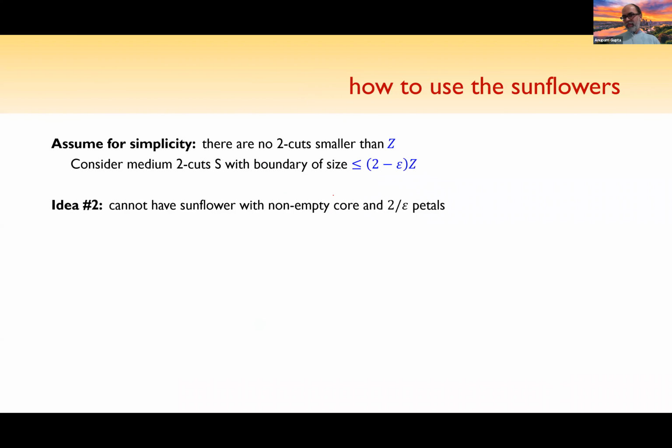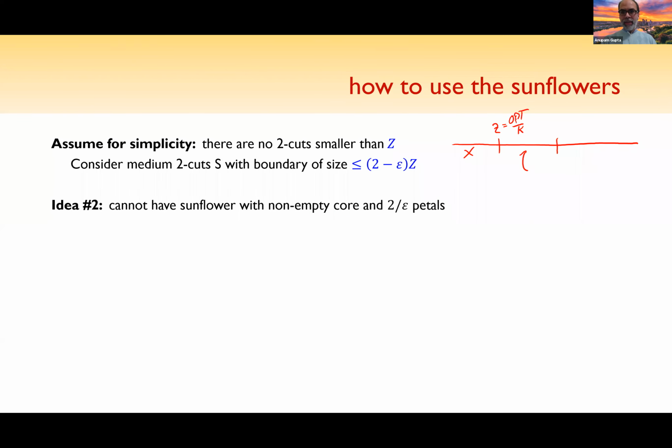So my claim is, let's imagine there are no two cuts smaller than z. Remember, z is opt over k. Suppose there are no cuts like this.